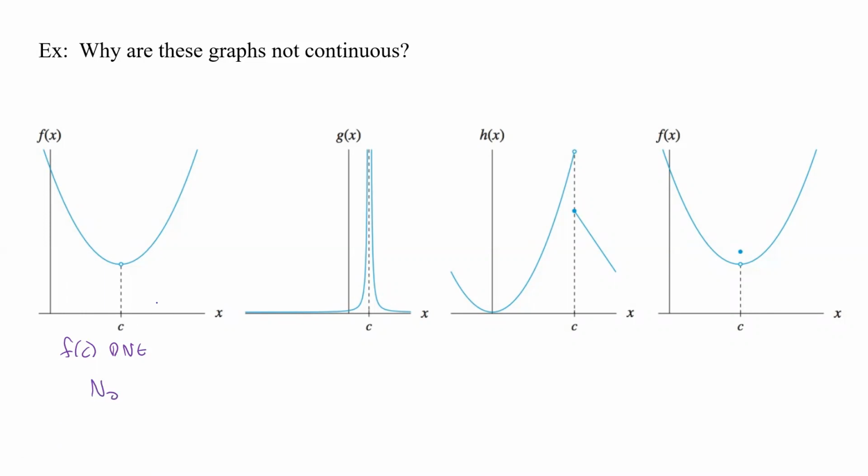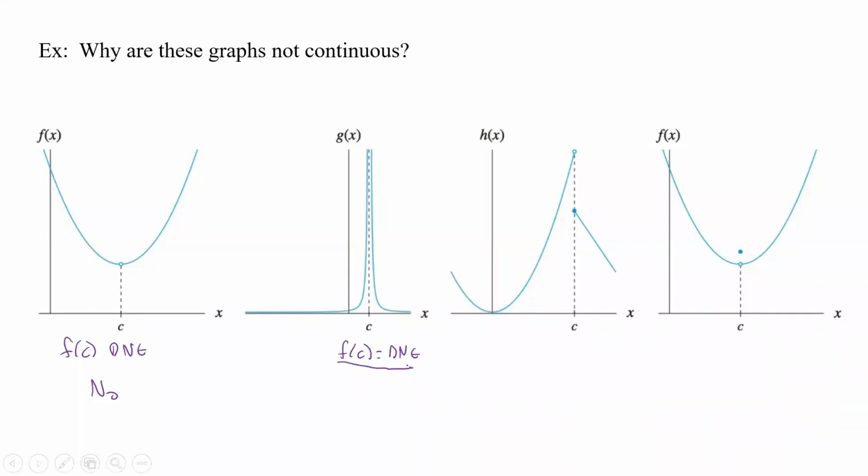We can say these are not continuous, all of them, and the reason is because here f of c does not exist. Here f of c does not exist either, because it's a vertical asymptote. The limit goes up here and approaches positive infinity. Here the limit also approaches positive infinity, but we never have the f of c, and that's the key in this case.